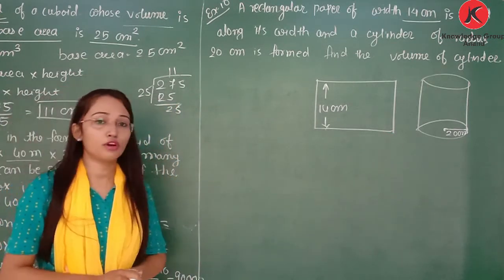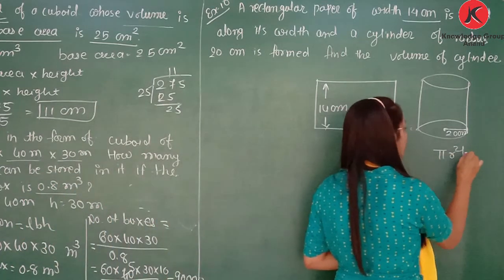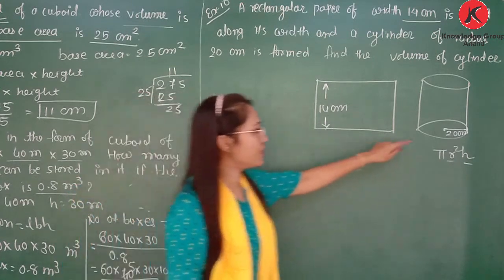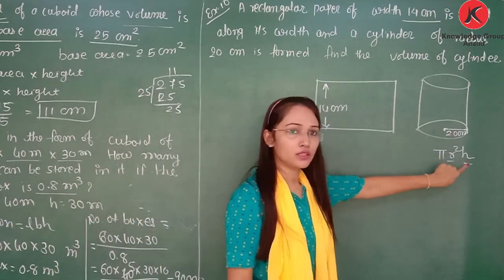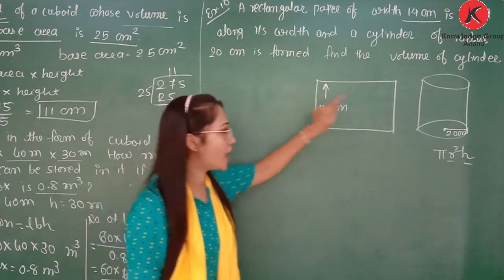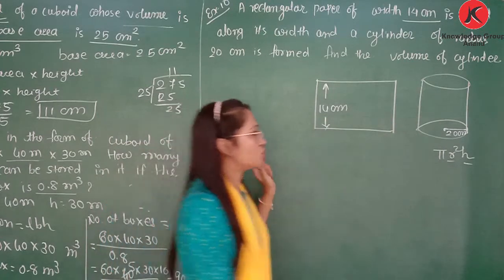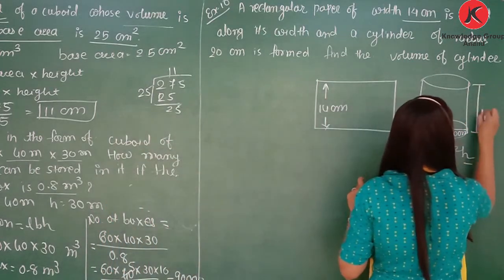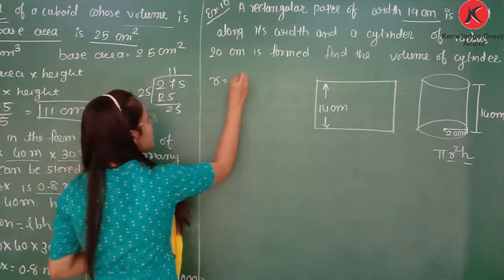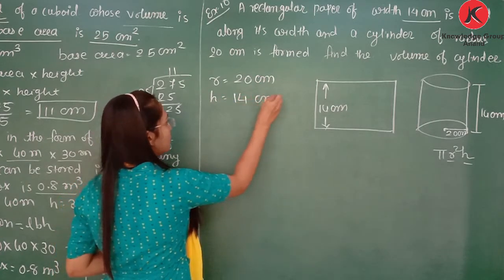Now what is the equation for the volume of a cylinder? That is pi r square h. Means we need two values, radius and height. So radius is given as 20 centimeters. What will be the height? Whatever the width of this paper is, it will be the height of the cylinder because it is folded along its width. So height will be 14 centimeters. So here we can consider radius as 20 centimeter, height as 14 centimeter.